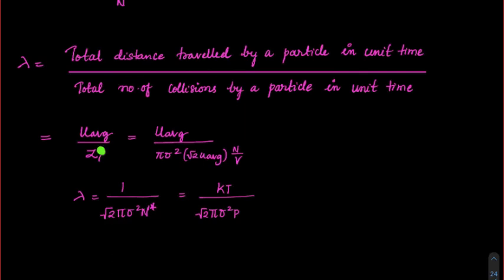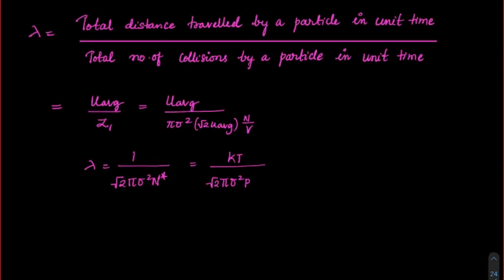For one particle we have collision number z1, so u average divided by z1. When you divide, u average and u average will get cancelled. So lambda will be equal to 1 by root 2 pi sigma square into n star.